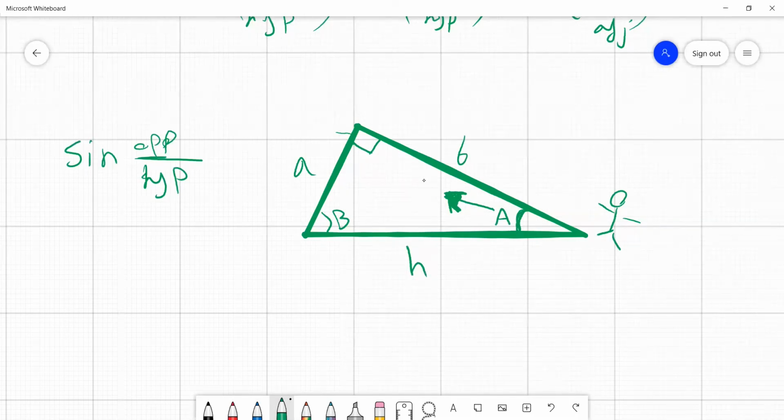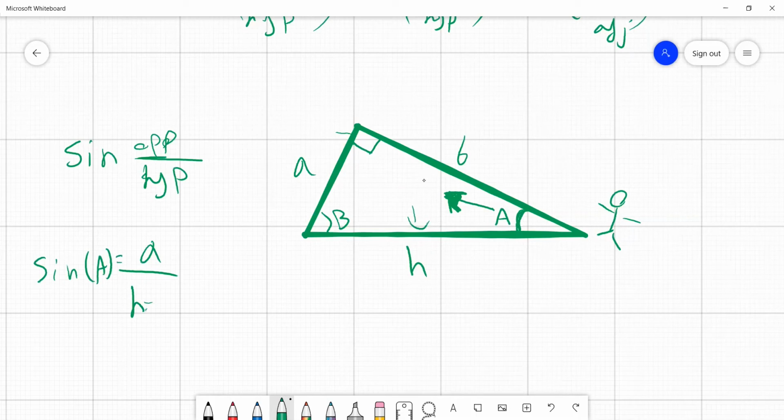So from A's point of view, side A is the opposite to angle capital A. So the opposite side to this angle is this side, and over the hypotenuse. The hypotenuse is always the longest side of the triangle, which is this one. So that's A over H. So sine A equals side A over hypotenuse.